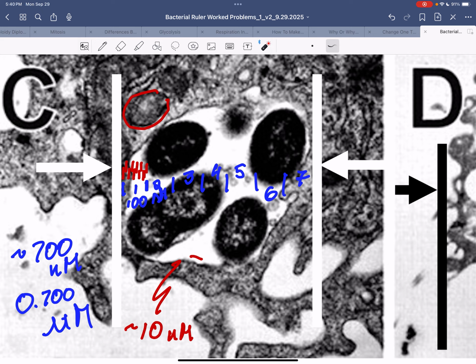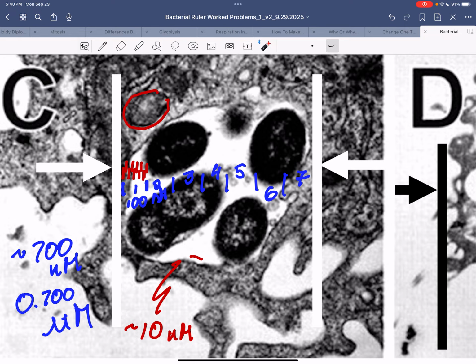When you're doing bacterial ruler problems, if you have something that's really small, really thin, and you're trying to use it to measure a large distance, the best way to do it is to get an intermediate measure, in this case about 10 membranes, and then go from there with a series of markups.